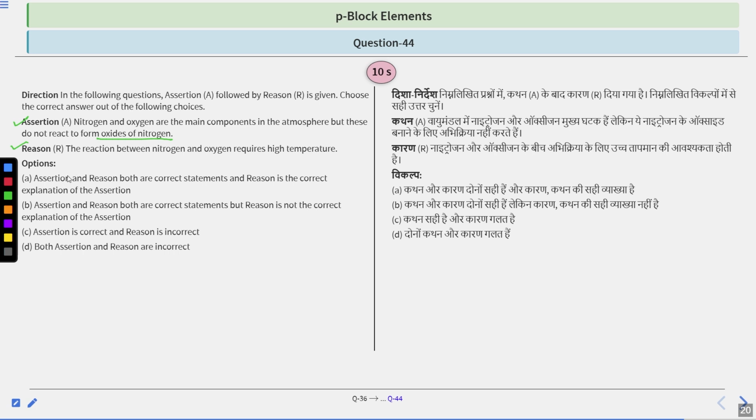Options are: assertion and reason both are correct statements and reason is the correct explanation of assertion. Assertion and reason both are correct statements but reason is not the correct explanation of assertion. Assertion is correct and reason is incorrect. Or both assertion and reason are incorrect. You have 10 seconds to solve this question. After that, we will see the answer.